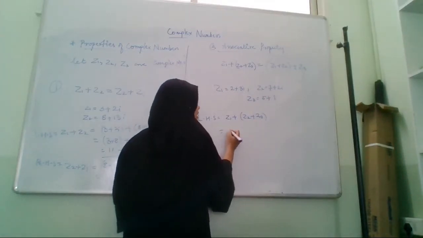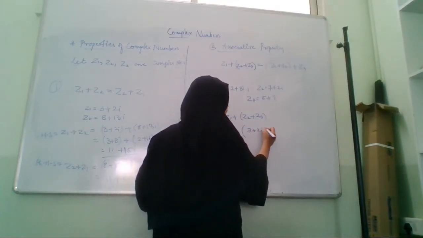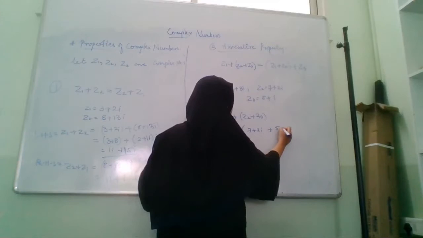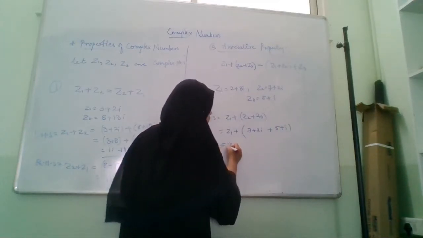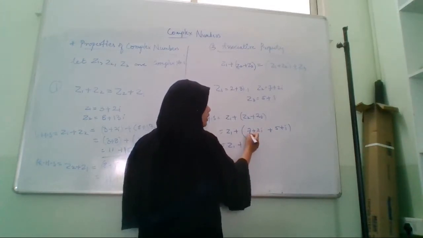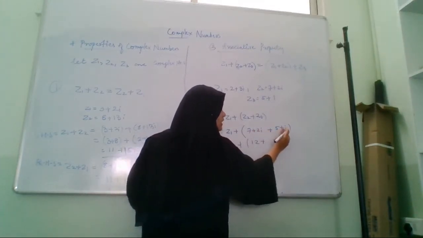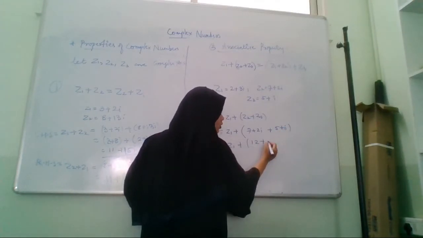So Z1 as it is, Z2 will be 7 plus 2i plus 5 plus i. Now 7 plus 5 will be 12, plus 2 plus 1, right? So it is 3i.